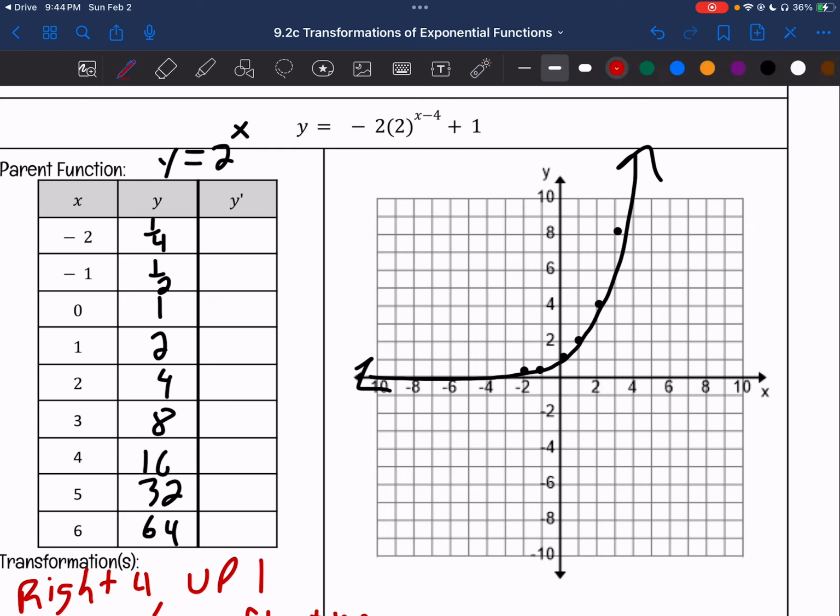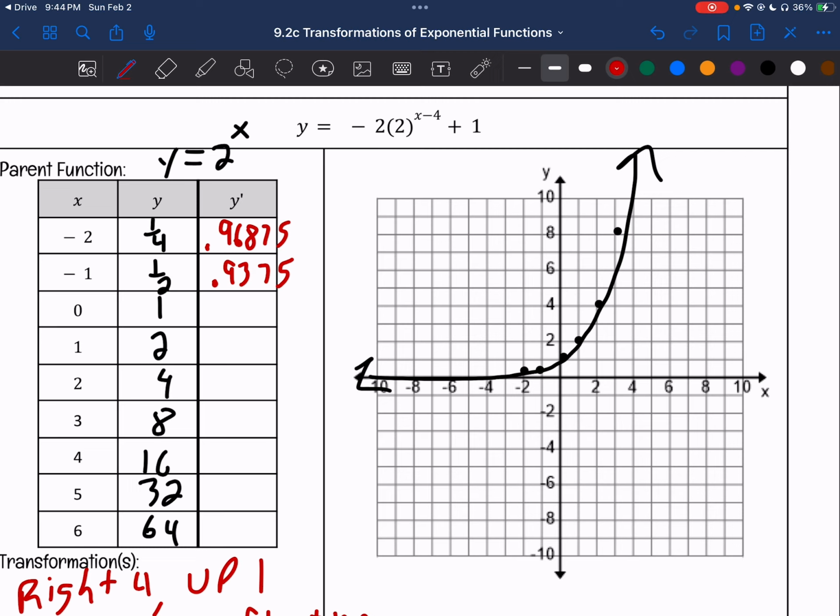So if I substitute in -2 to this whole thing, I'm going to get 0.96875. If I substitute -1, and I'm going to let you do the math on that, I'm going to get 0.9375. You can do this work on a calculator, or piece by piece in your head. Either way, you're going to get these values.